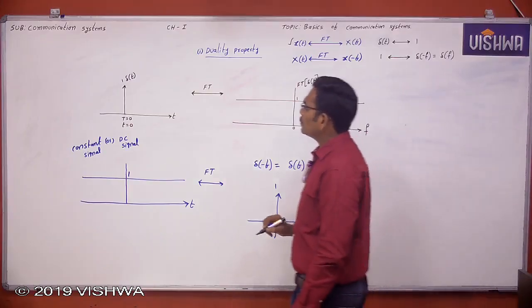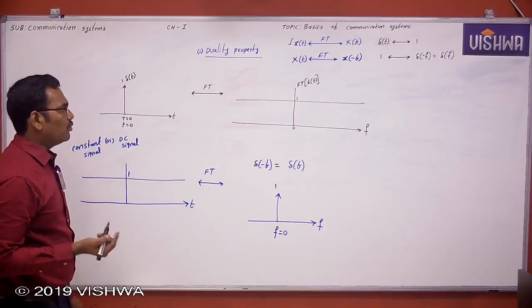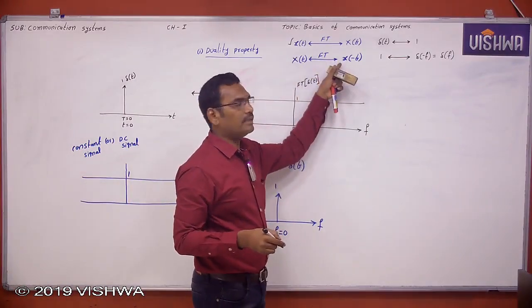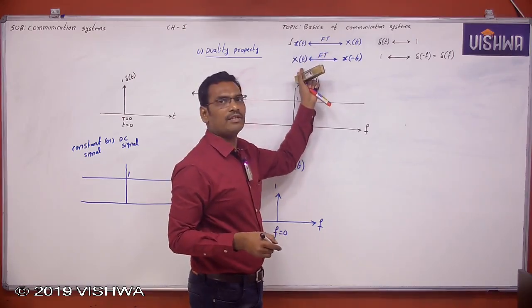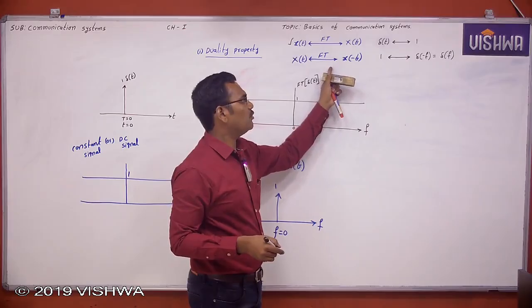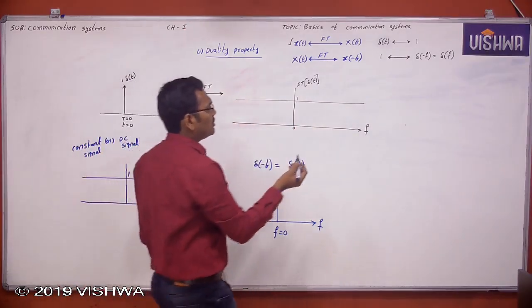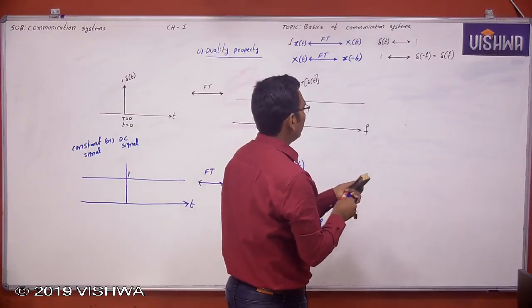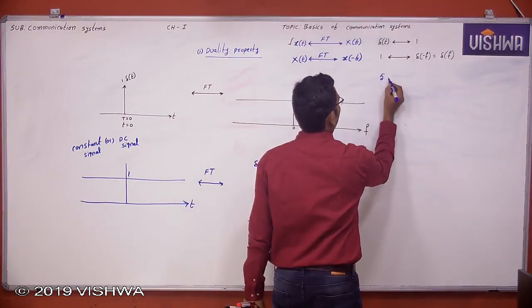So this is a property of duality which you can easily use anywhere. You can take the Fourier transform of the given signal, a time variation, and apply the duality directly, and this is the example of the duality function. Now you tell me, this is 1's Fourier transform, then what is the Fourier transform of a DC signal of 5 volts?